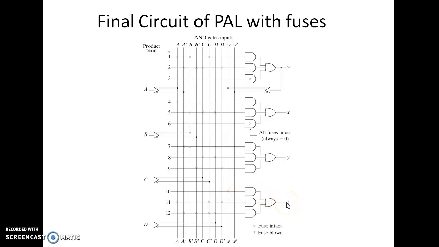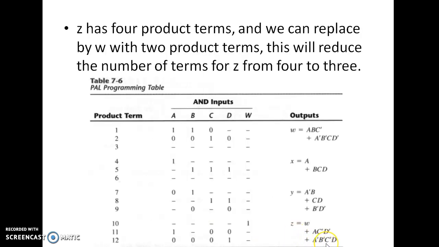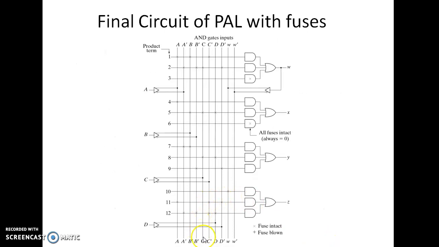For getting the Z output. Similarly, the other term for Z is A, C bar, D bar, right? Similarly, the third term is A bar, B bar, C bar and D, right? According to the table, right? So whatever the input is required, you put a cross mark.